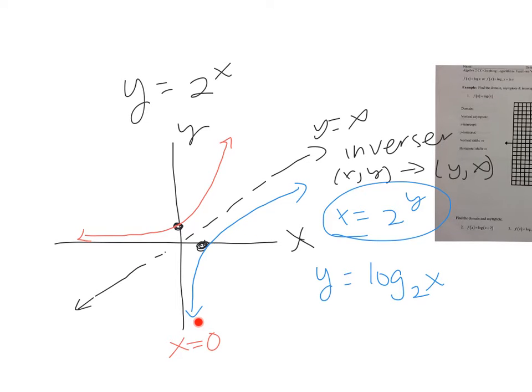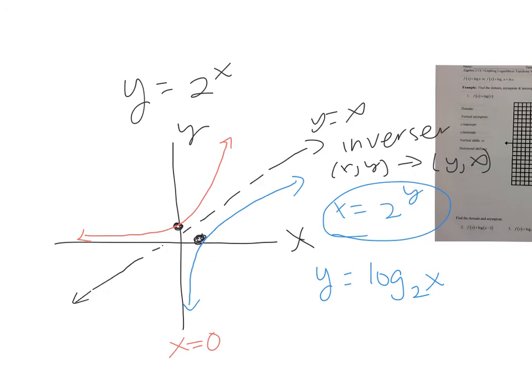So my vertical asymptotes are always going to be x equals. Remember, horizontal asymptotes are y equals for your exponential. In this case, your logs are going to be x equals.